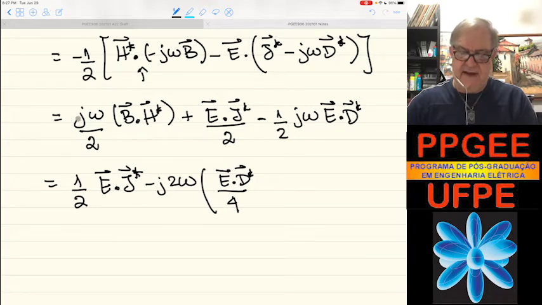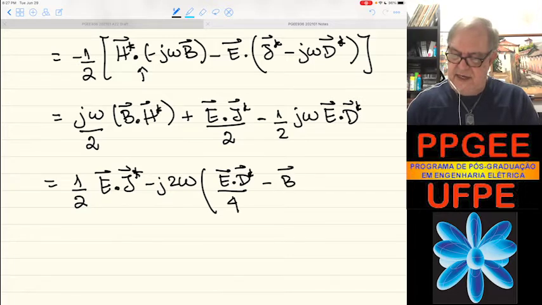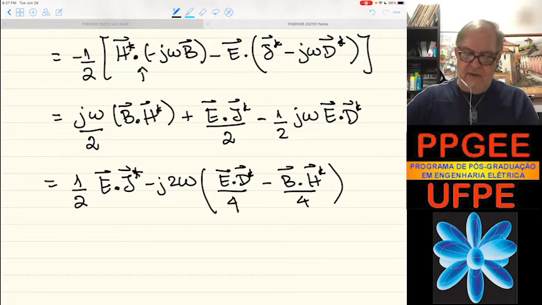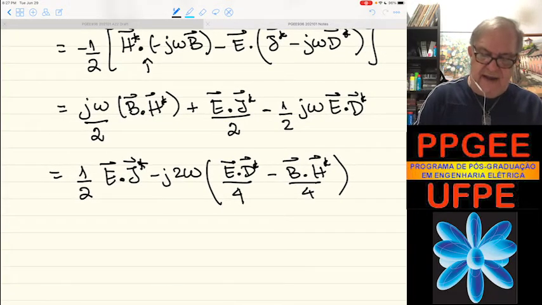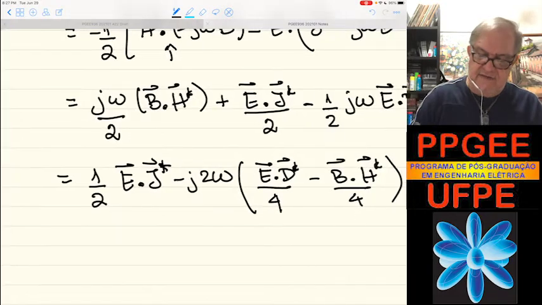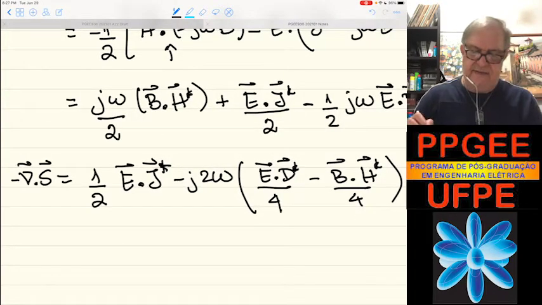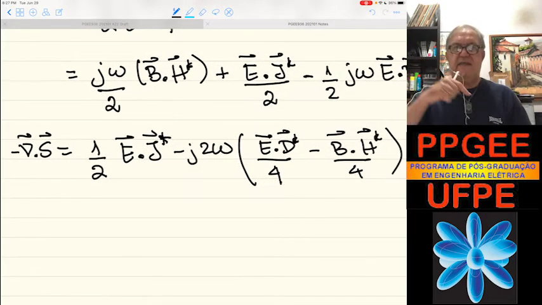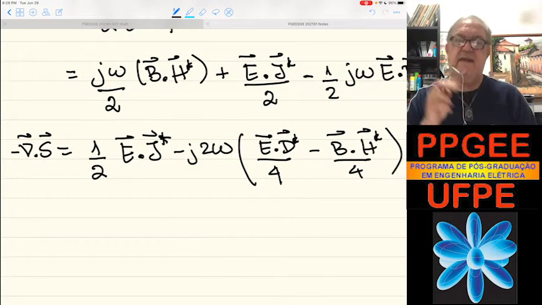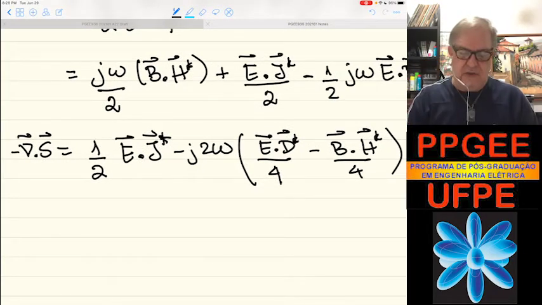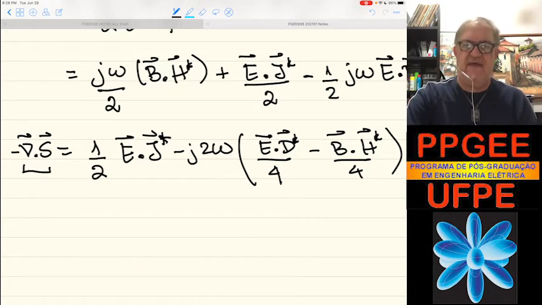Minus, then minus B H conjugate divided by 4, right? So now integrate, so we have minus divergence of S. So we integrate in the volume and apply Gauss's law. So this is going to be the flux inwards of S.